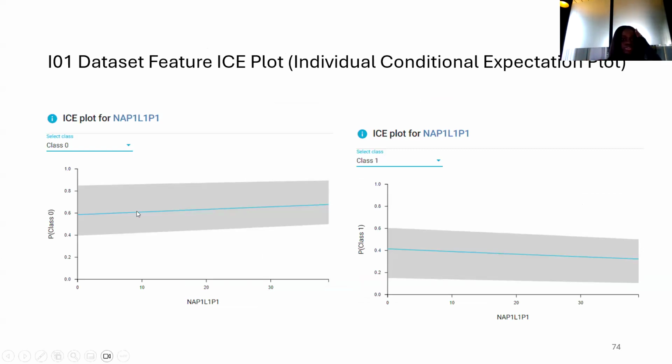What an ICE plot will do is get the expression of the gene, change it, and see how the prediction of whether a patient is a responder or non-responder will change. With those specific ICE plots, you can then see that this model thinks this gene is important because when the expression of this gene is high, this patient is more likely to be a non-responder.